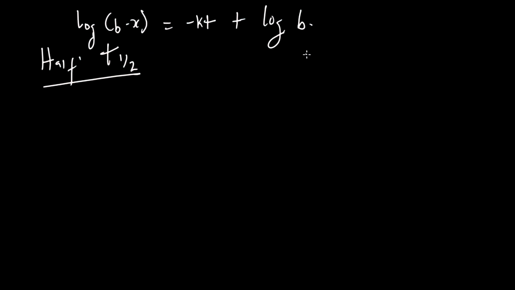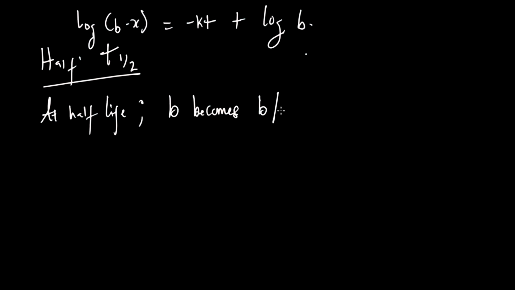So the initial concentration of the reactant decreases by half of its initial value. So at half-life, b becomes b over 2, or simply replace b minus x with b over 2.